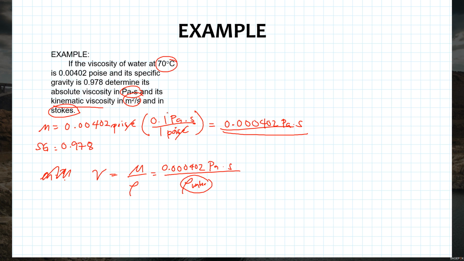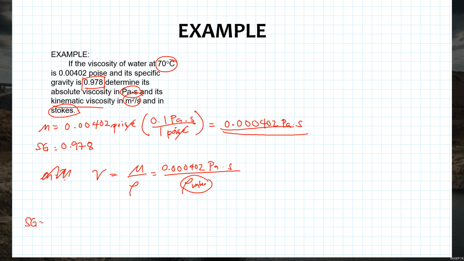So we can determine the mass density of water by using its specific gravity of 0.978. Okay? Specific gravity of 0.978.